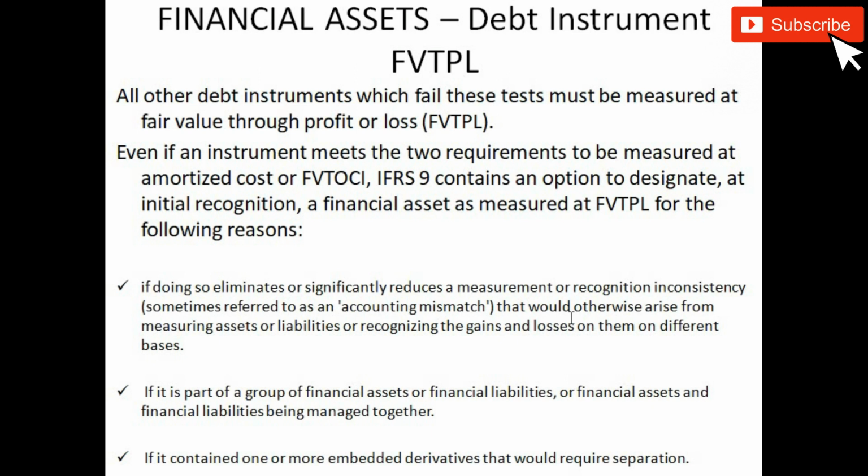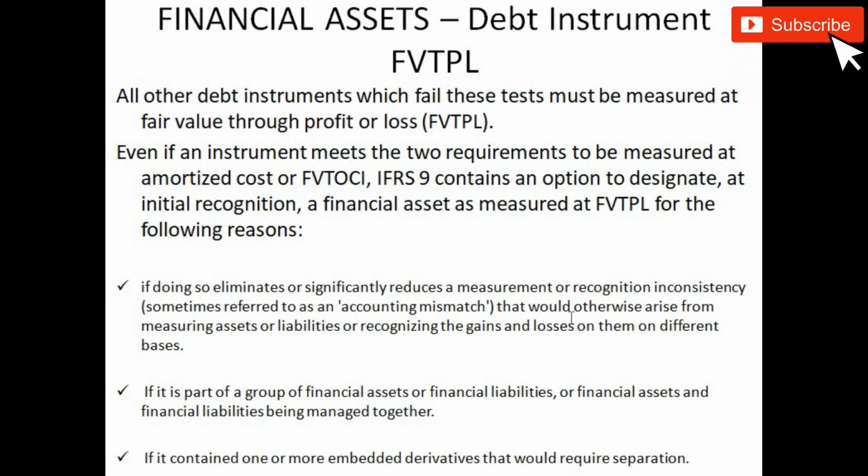So with the business model test and the cash flow characteristics test, if there is any financial asset that does not meet these two conditions, then it is measured at fair value through profit or loss.